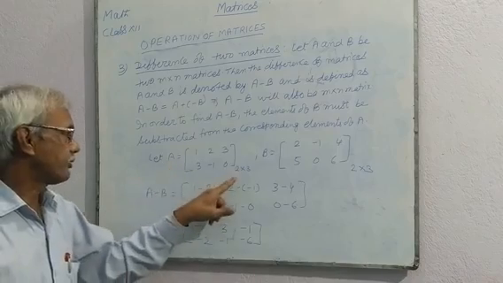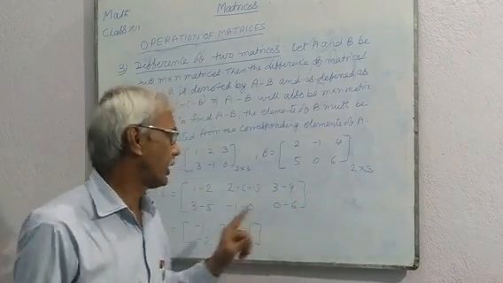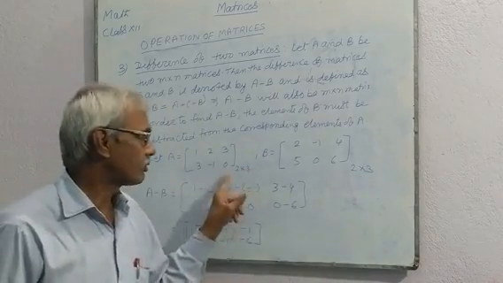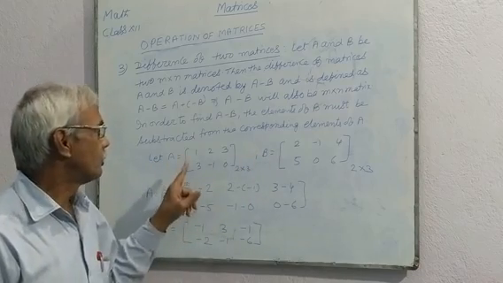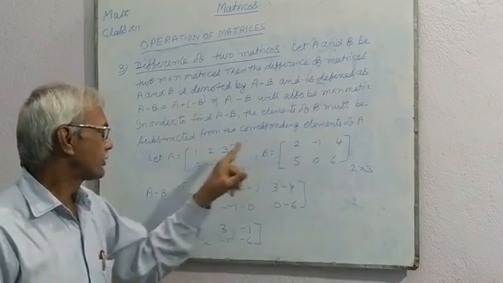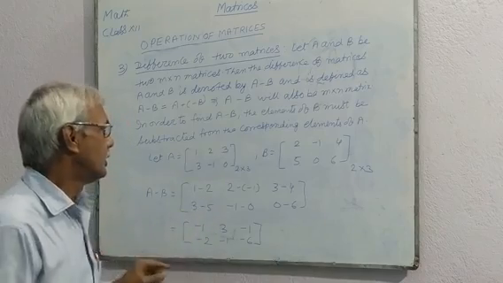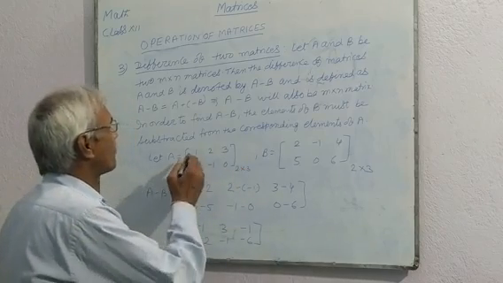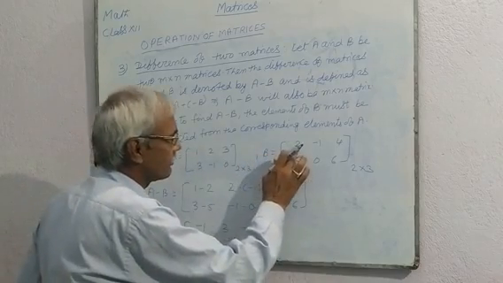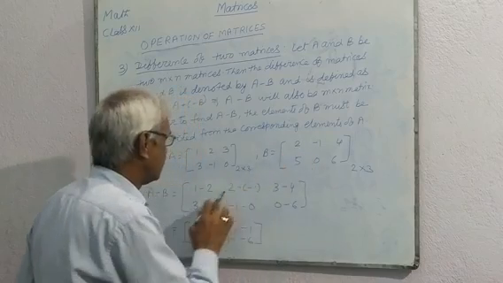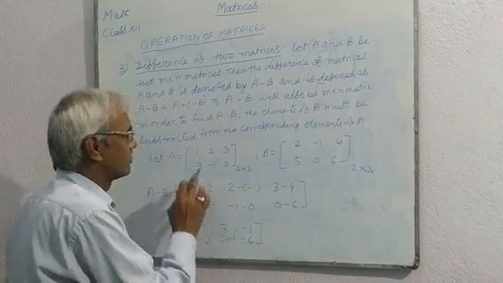A is a matrix of 2 into 3 order. B is also a matrix of 2 into 3 order. A and B are of the same order. Hence for A minus B, the elements of B must be subtracted from the corresponding elements of A. The first element of A is 1 and the first element in B is 2, that means in the first row and first column 1 minus 2.